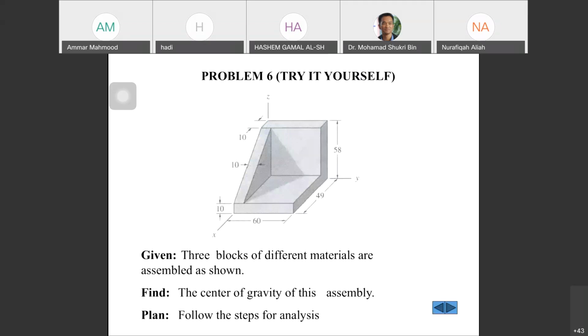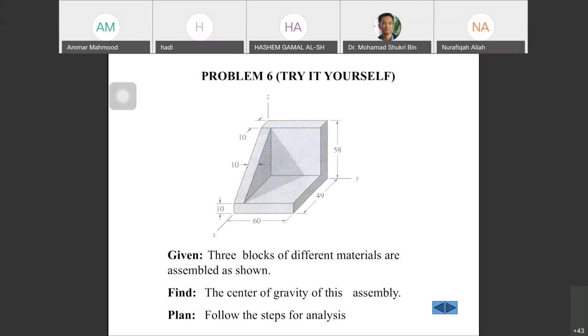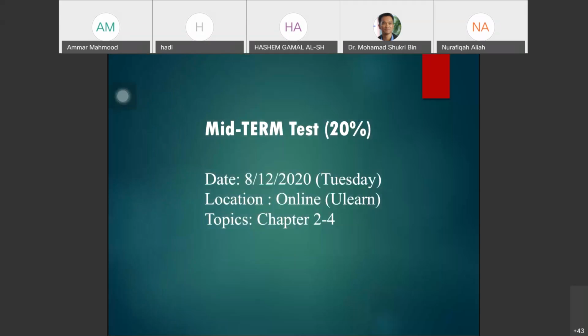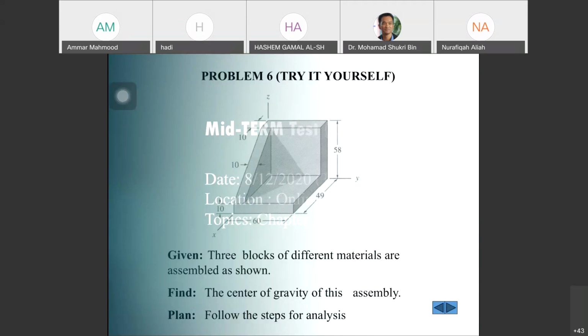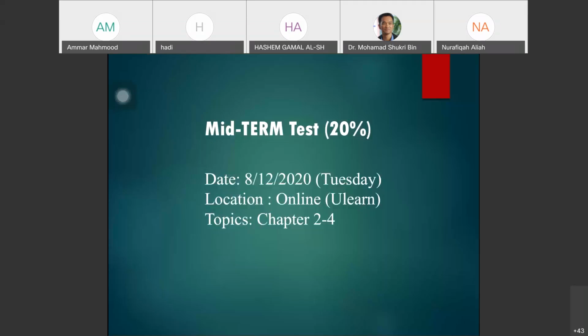Before I end, I want to remind you we have a midterm test. Next week is your break, so no class next week, one week.